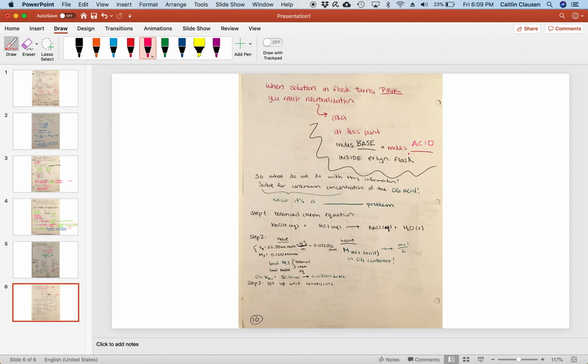But this is the indication where we stop and we can now actually work with the data given to solve for the molarity of your acid solution. So again, here we're solving for the original acid solution. And this is just a stoichiometry problem.